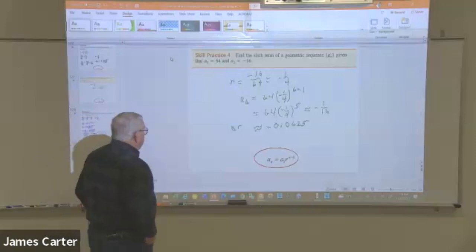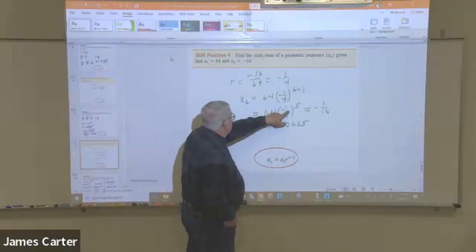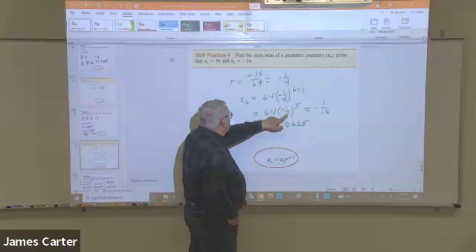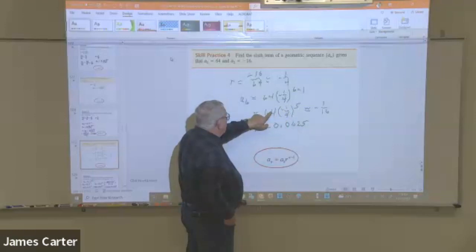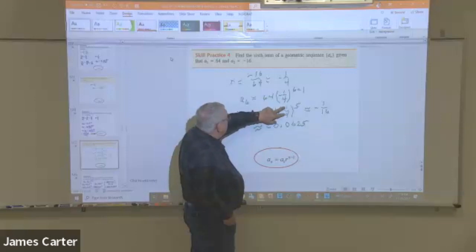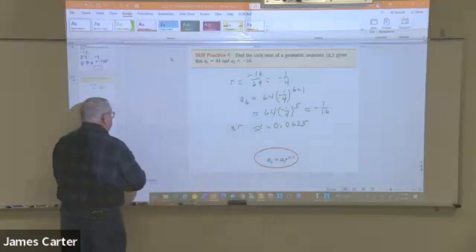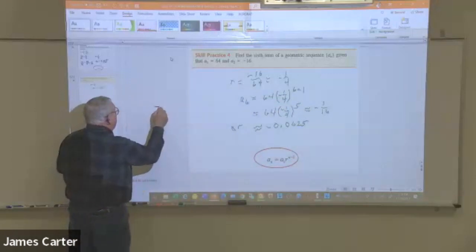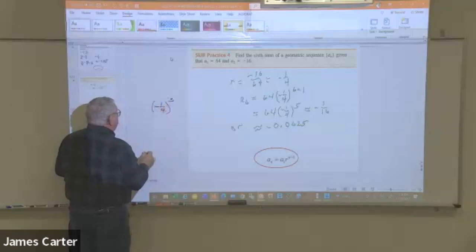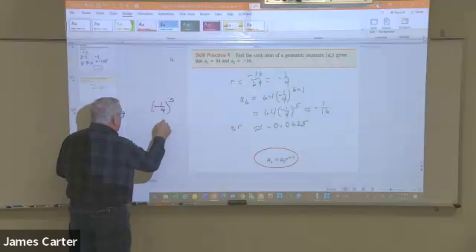Now, actually, you could probably do some calculating with this. 64 is 4 to the third, right? So if I took negative 1/4 to the third power, that would give me a value of negative 1/64.